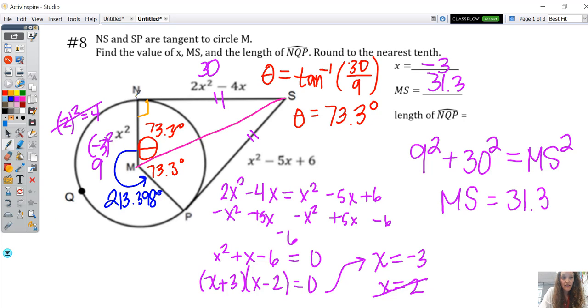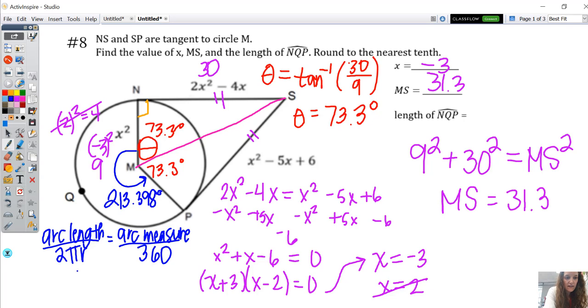So to find the length of this arc, I'll do arc length over circumference equals the arc measure, which is in degrees, over 360. So our arc length, we don't know. Our circumference is 2 times pi times the radius, which the radius is NM, which is 9.